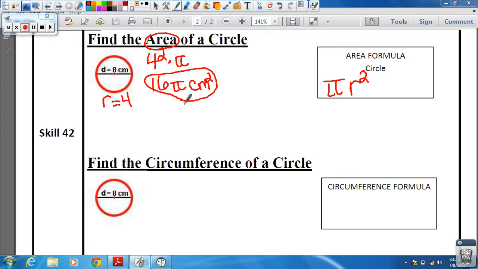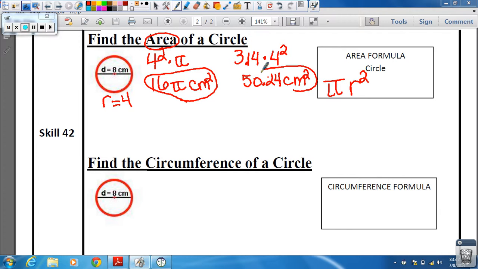Well, that doesn't really tell us a whole lot because we don't know an exact number there. So a lot of times we will use 3.14 for pi. So this is the second method. If it tells you to use 3.14 as pi, I replace pi with 3.14 times radius squared. Again, radius is 4 squared. 3.14 times 4 squared is 50.24, so 50 and 24 hundredths square centimeters.